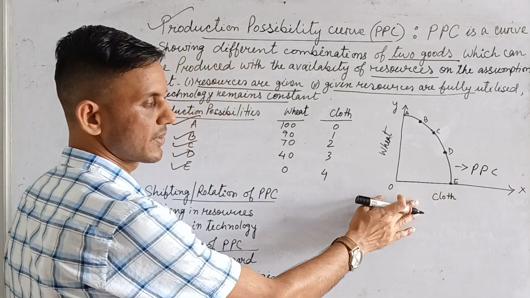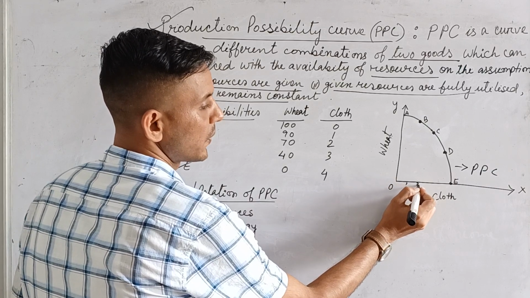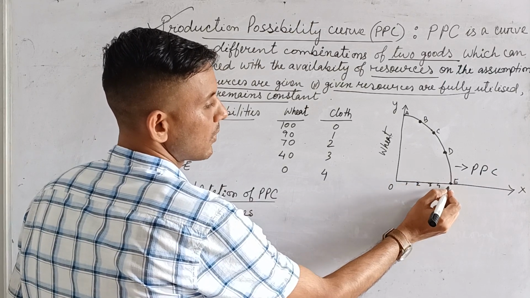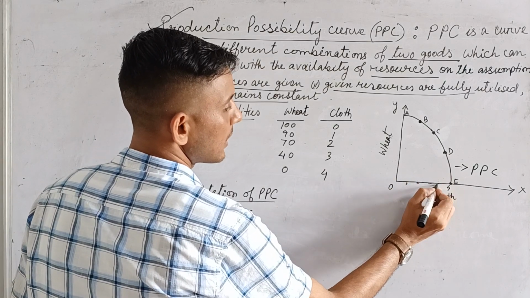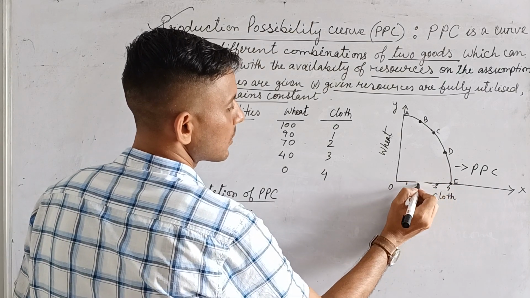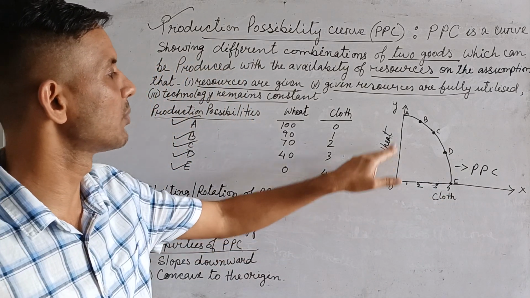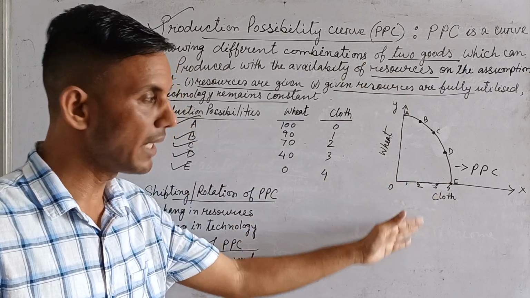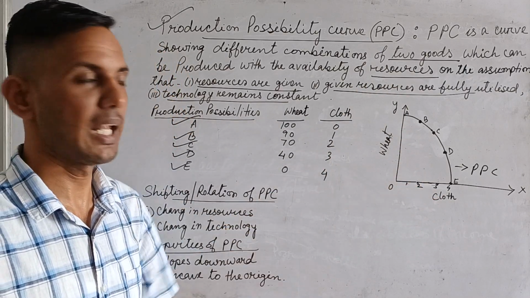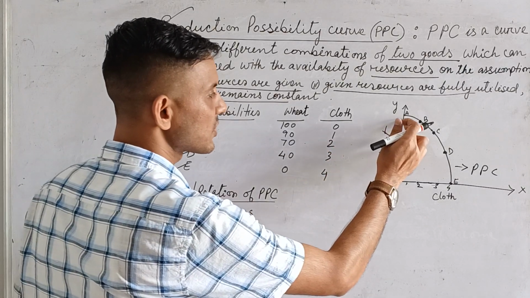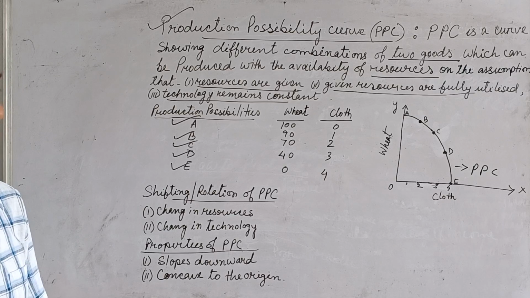Here OX represents cloth, so you write 1, 2, 3, 4 in graph paper like this, and then put the values here also. If you join them, you will get a curve. There is no need to use a scale; by hand only, you just join the points and you will get a curve. This curve is called the PPC.